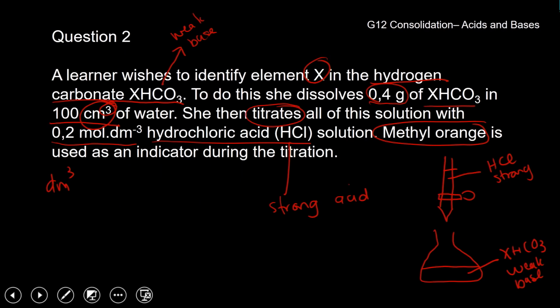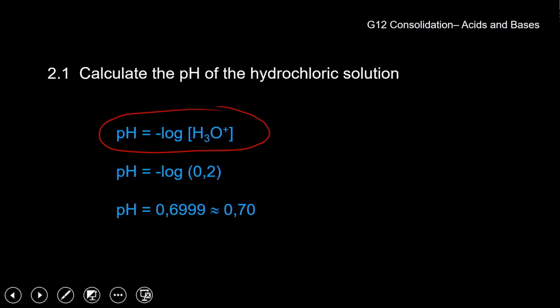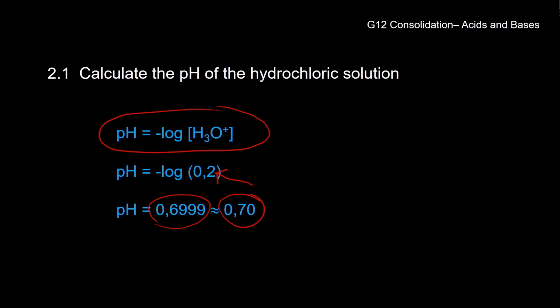They give us a concentration of the hydrochloric acid of 0.2 moles per decimeter cubed. That's all we need. So we're going to substitute that into our equation. We use our calculators to find the logarithm, and we come up with an answer of 0.6999, which we can round off to 0.7.